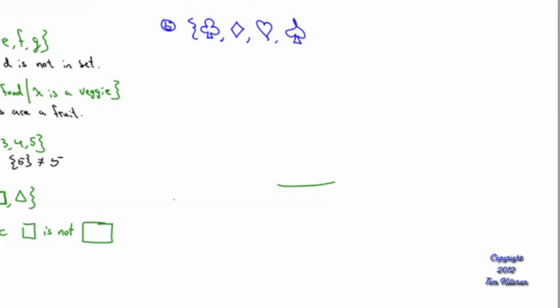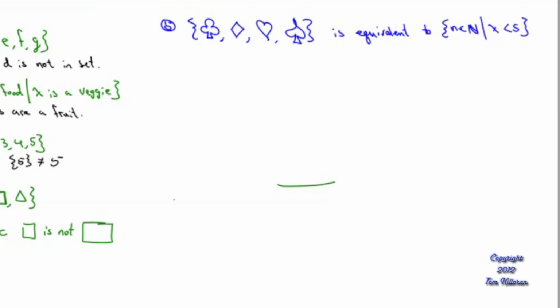Hold on, mine don't look like that. I know what you're talking about. You can put the words in there if you want. Wow, I wrote that really big.